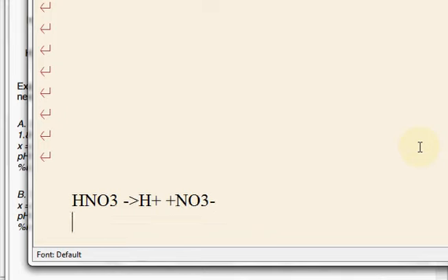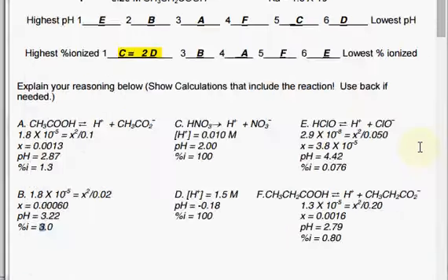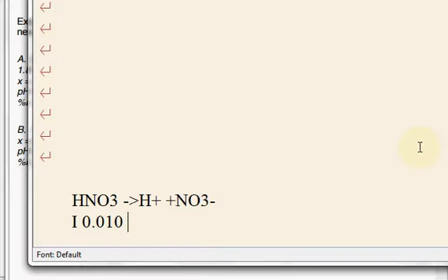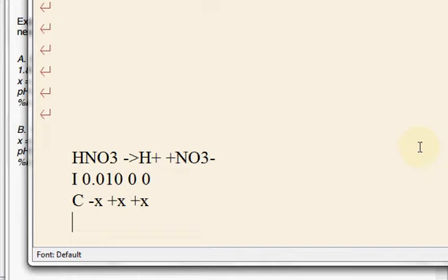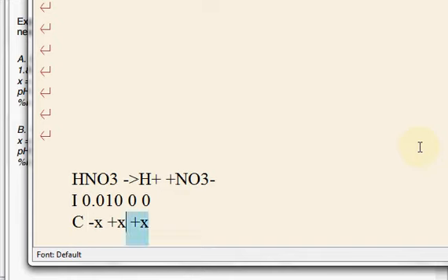And so that's the reaction. The initial is all of it, whatever the initial concentration is, 0.1, yep. And then none. Change, down, up, but it's all of it. So you don't even need to write x. We don't even need the change. Just go straight to equilibrium.